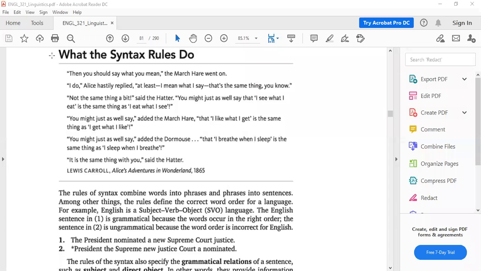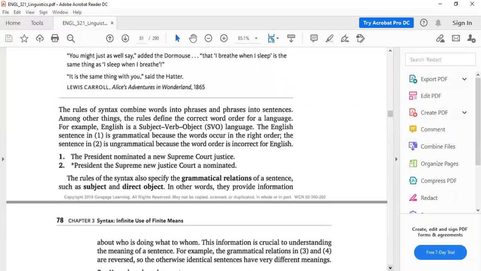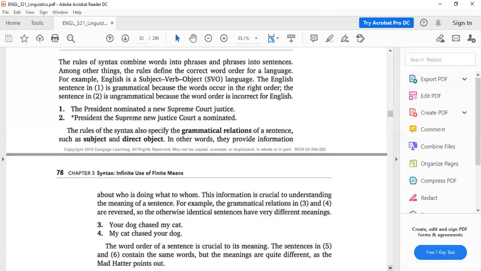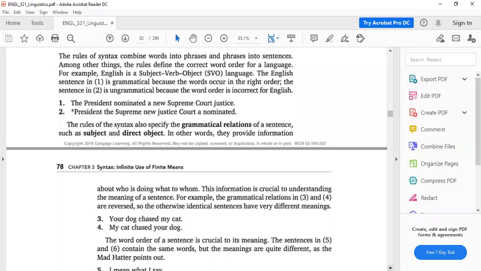So now, what do the syntax rules do? Why do we need syntactic rules? Remember, at the very beginning of this chapter, we said, as Malek nicely presented, that syntax is the study of word order, the study of sentence structure. And this structure must be governed by rules.